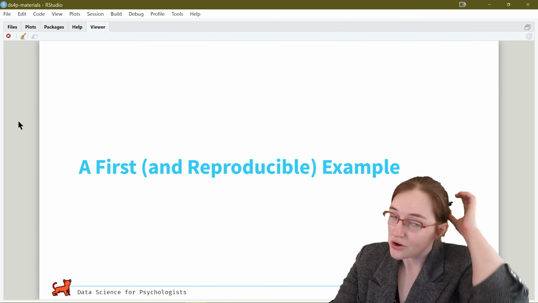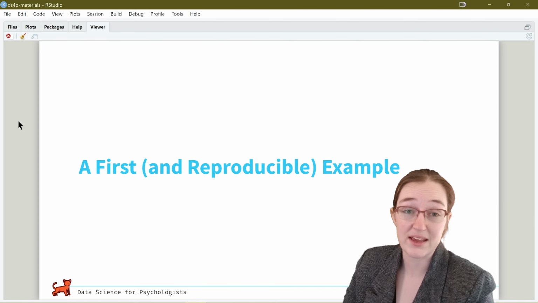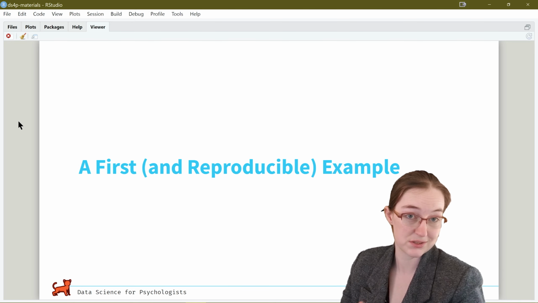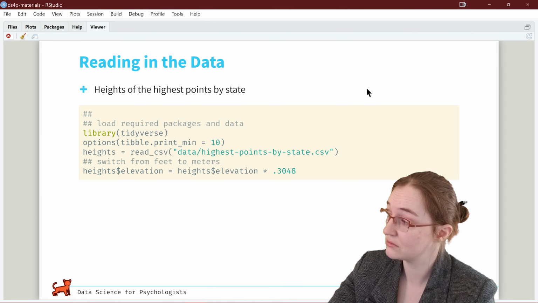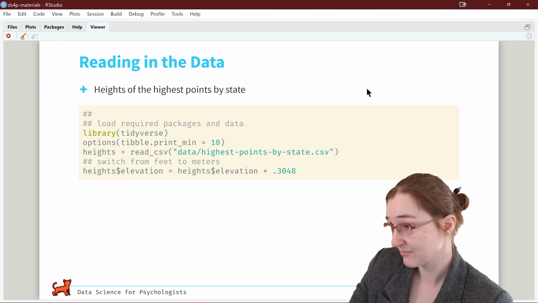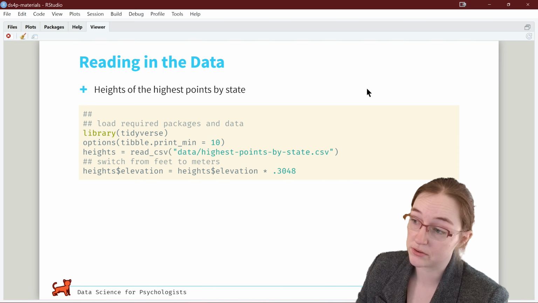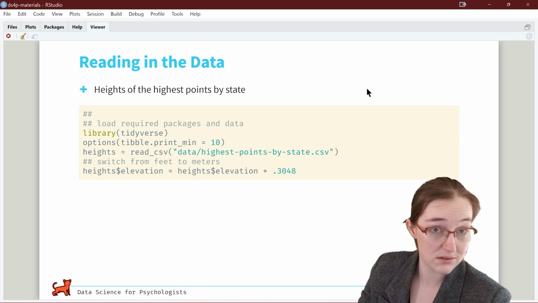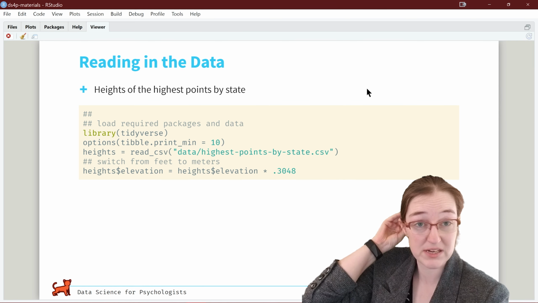But before we do that, I want to actually show you how the process works. So let's do that with a first reproducible example. We are going to load up a CSV that I have already put on Canvas, called highest points by state.